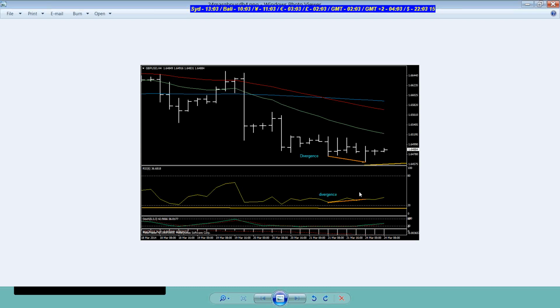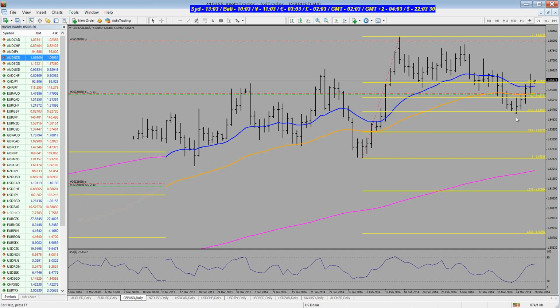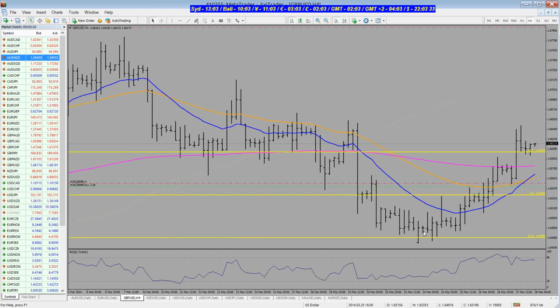So once you've done all the setup for the daily, you've got your horizontal, your Fibonaccis and all that on there. And you've got your trend line, you've got your horizontal. The 4-hour you were looking at, I think, was down here somewhere, was it?